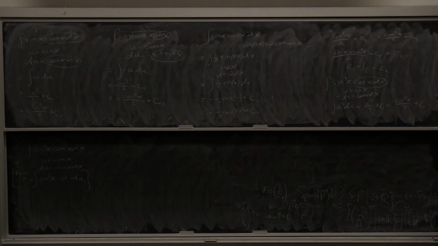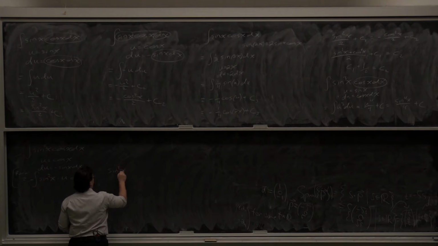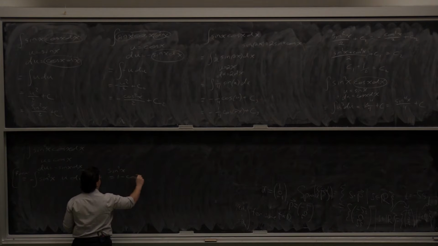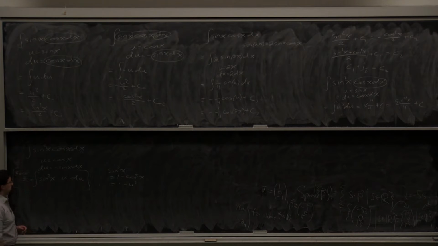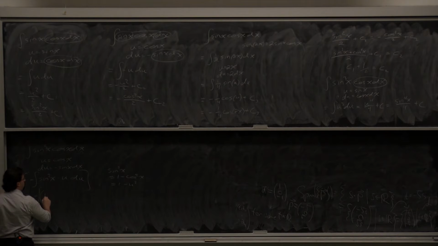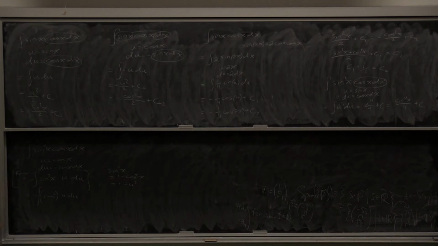Sine squared, I can always switch into cosine squared. I can write sine squared of x as 1 minus cos squared of x, which for us is equal to 1 minus u squared. So I can write this guy as negative integral of 1 minus u squared times u du. I don't know any rule about integrating a product, so I have to multiply these guys out in order to see what happens.